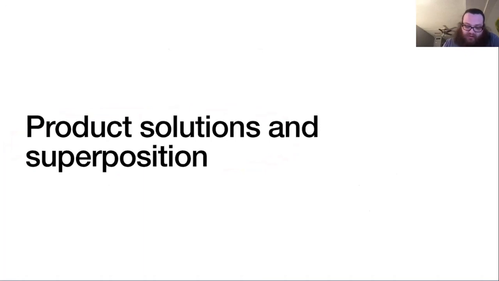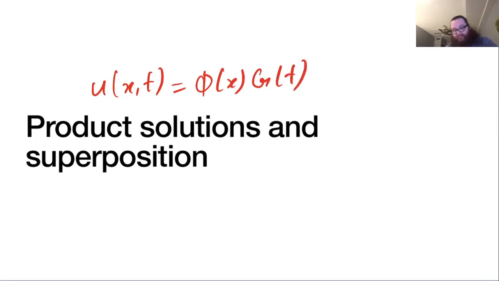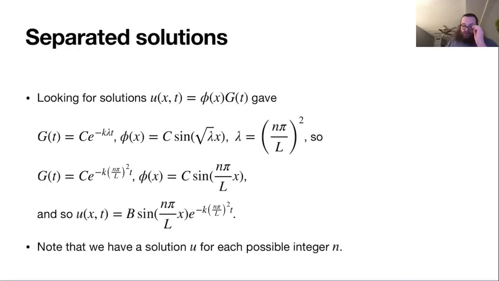So product solutions, recall, we're looking for u of x, t equal to phi of x and g of t. Looking for these solutions, we said the time piece looks like this, the spatial piece looks like this, and then lambda, this separation constant, looks like this.